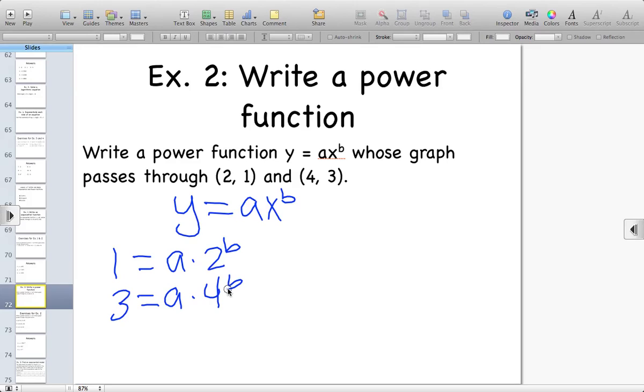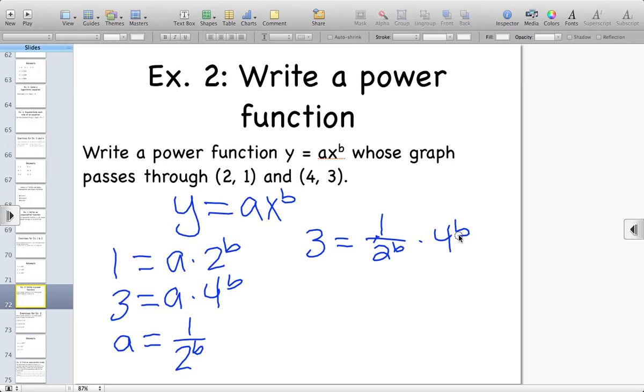Solve for a again, so the first line gives us easier numbers to work with. So a is going to be equal to 1 divided by 2 to the b power. Plug that into our second line, so 3 is equal to 1 over 2 to the b power times 4 to the b power. Now, in order to be able to combine exponents, our bases have to be the same. Right now, they're not the same.